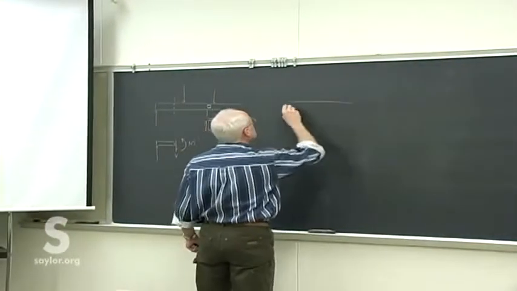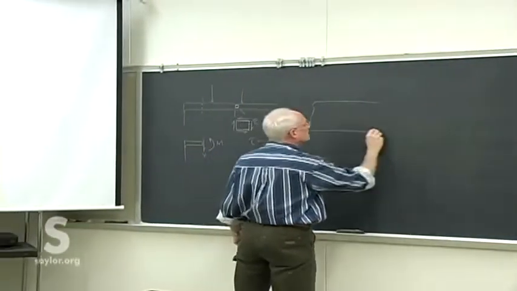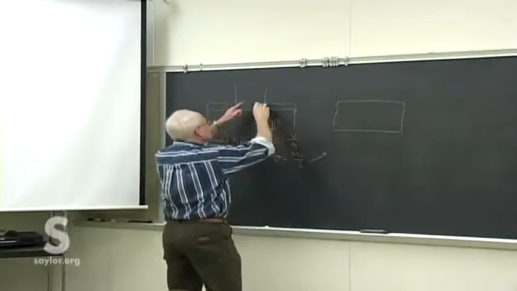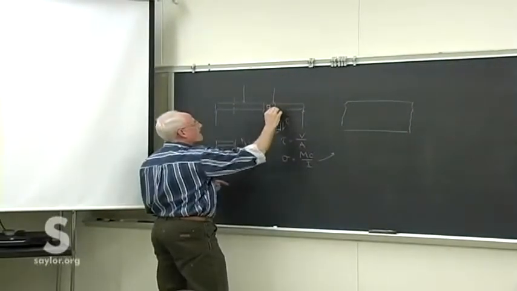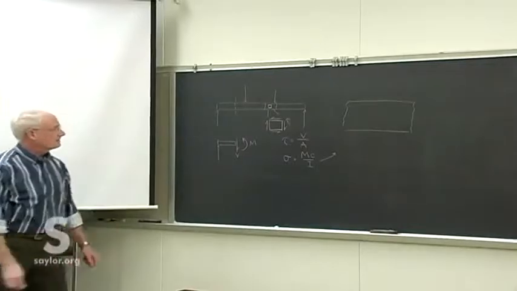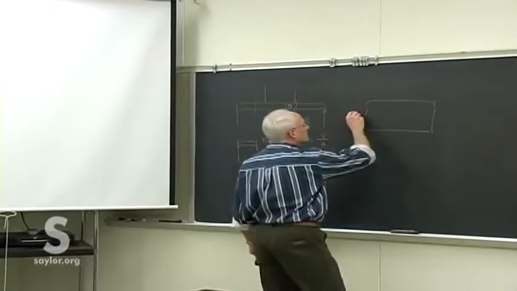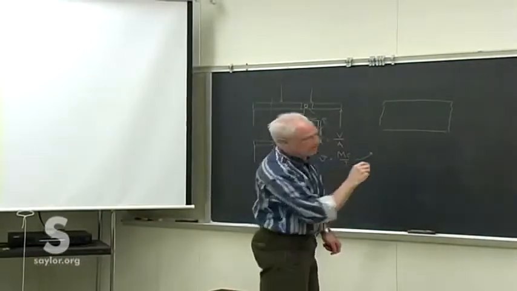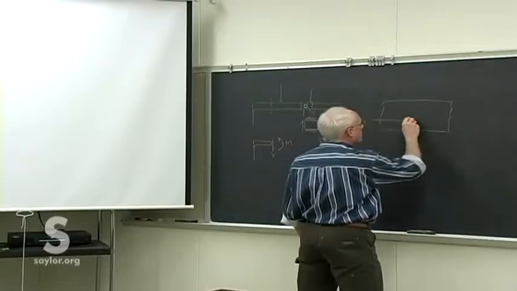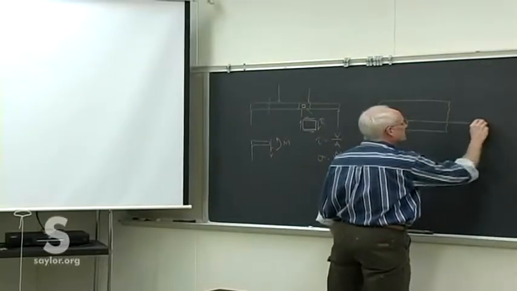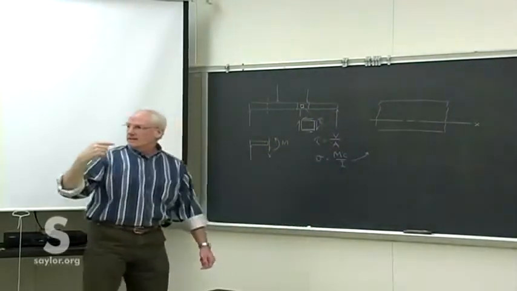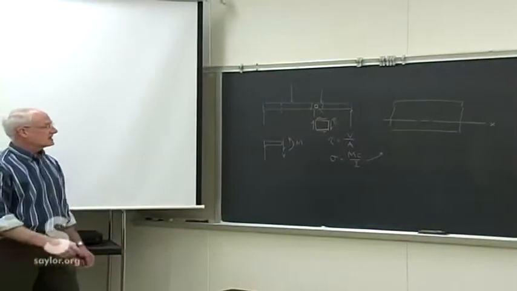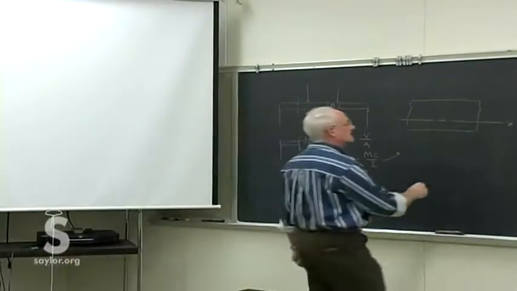So here's a chunk of the beam just taken out there. Axial direction. So that's the X direction. Across the interface, that's also going to be our neutral axis.